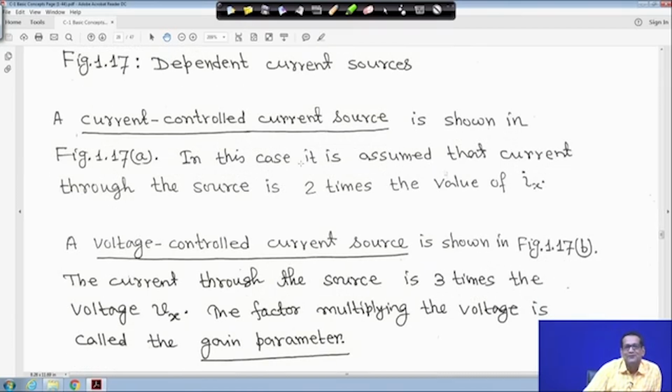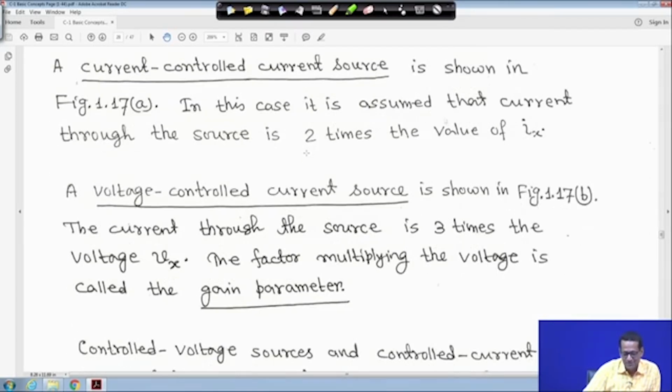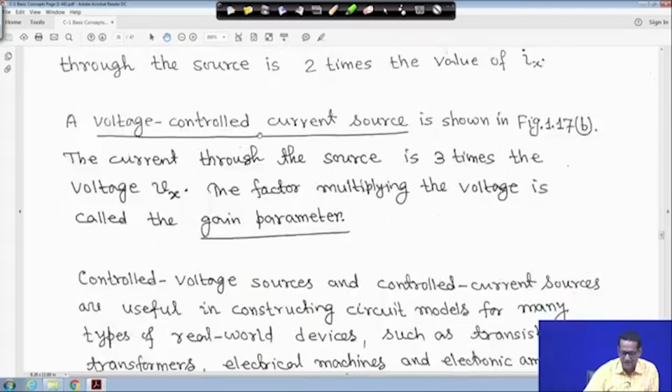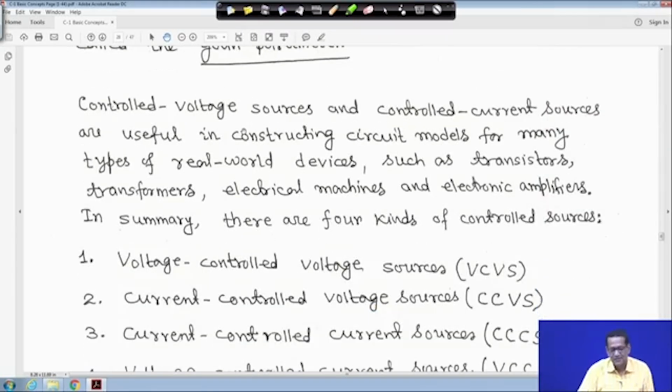It is simple, so I am not going to repeat it. The controlled voltage sources and controlled current sources are useful in constructing circuit models for many types of real world devices, such as the transistor, the transformer, electrical machines and electronic amplifiers. These are real world applications.